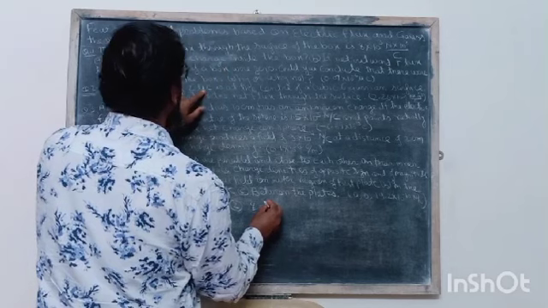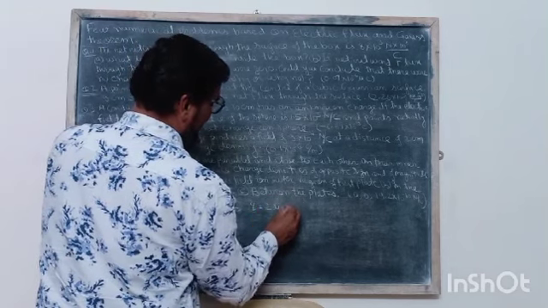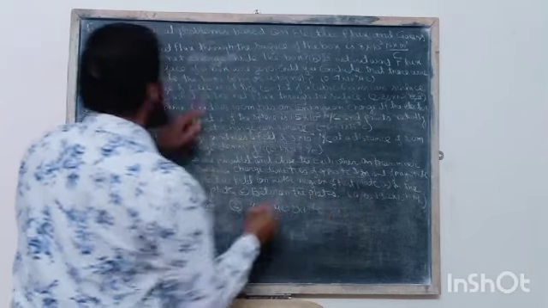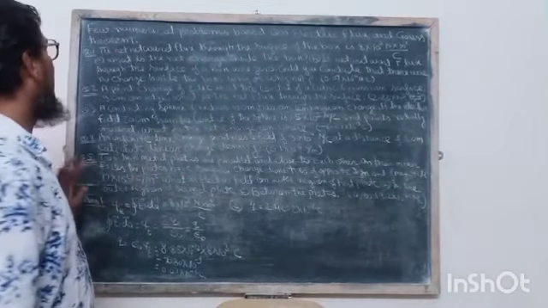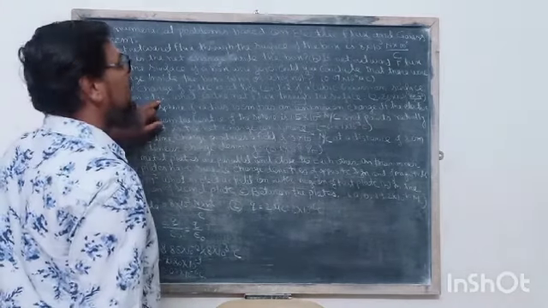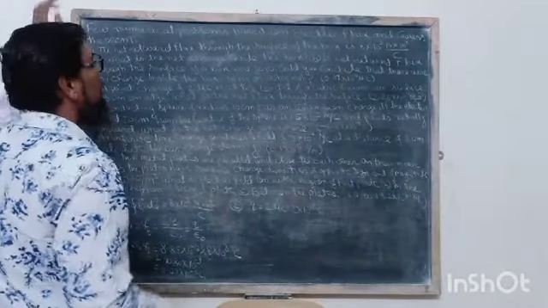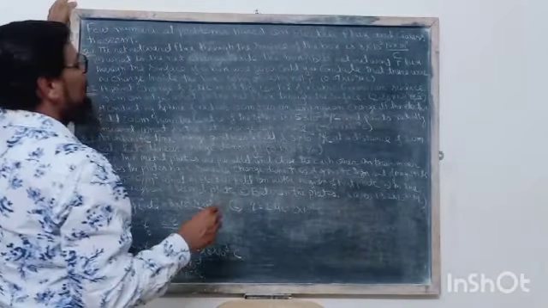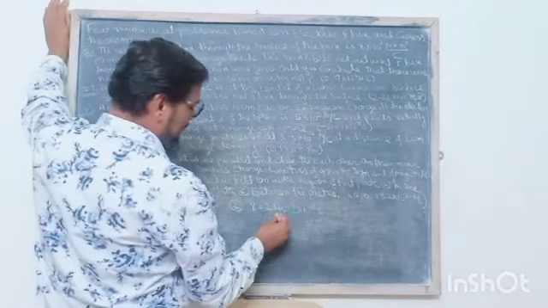Q is equal to 2 microcoulomb, means 2 into 10 raised to the power minus 6 Coulomb, and each edge of the cubic Gaussian surface is 9 cm. What is the net flux?